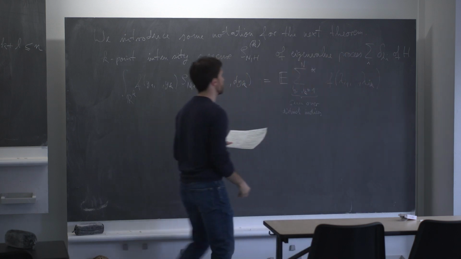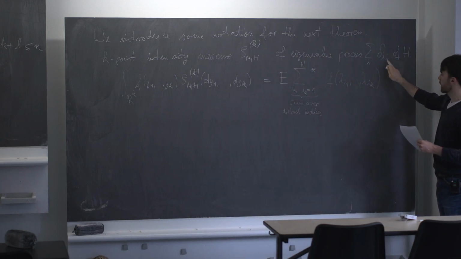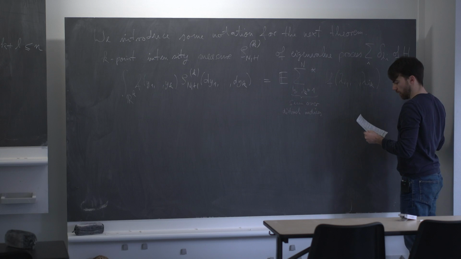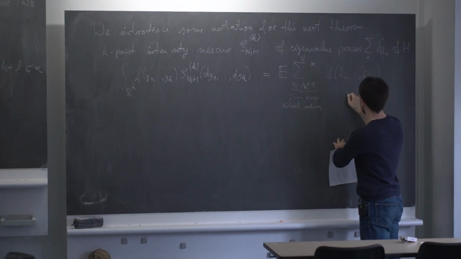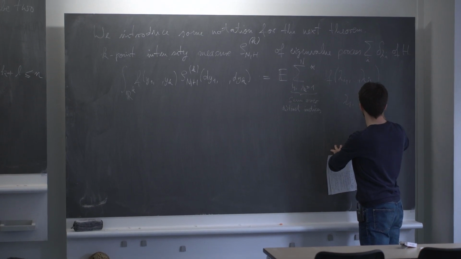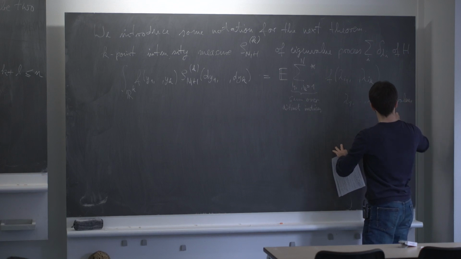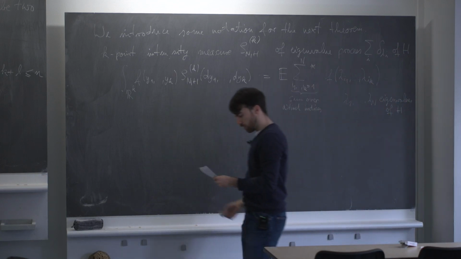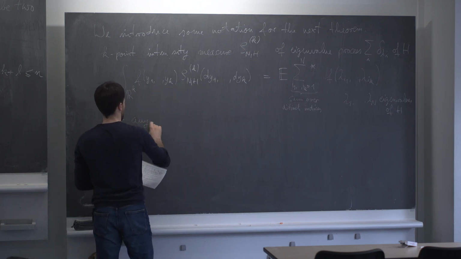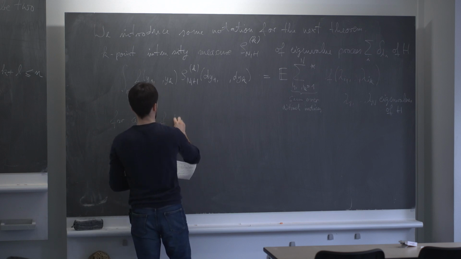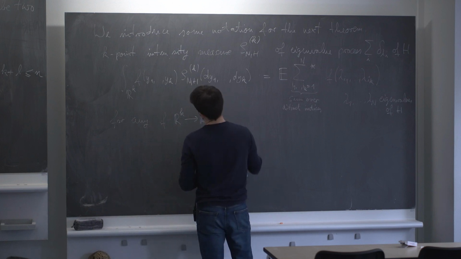Okay, so that's the same definition as before, except that now we have to make this definition for a general matrix H, and these eigenvalues are meant to be the eigenvalues of H. So maybe I should remark that lambda 1 up to lambda n are, of course, the eigenvalues of H. Okay, and this should hold for any measurable and bounded function on R^k.